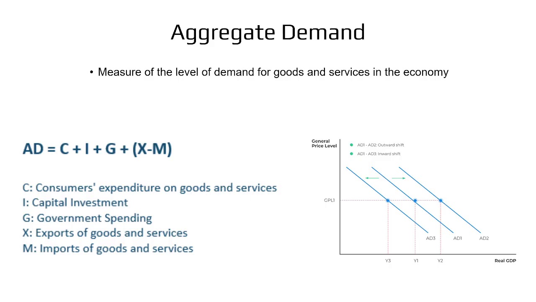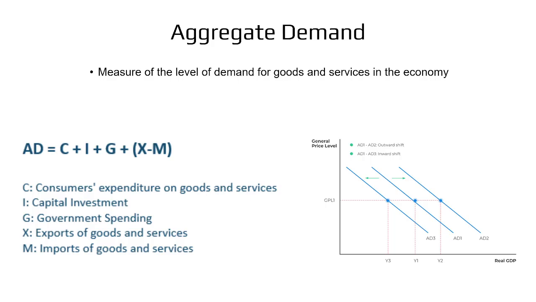If there is a greater amount of imports coming into the economy, it will suppress aggregate demand, because the total outcome of X minus M will be negative, and therefore it will have a negative effect on the equation. So that's the equation for aggregate demand. We've got consumption by consumers, capital investment, government spending, and then exports minus imports.